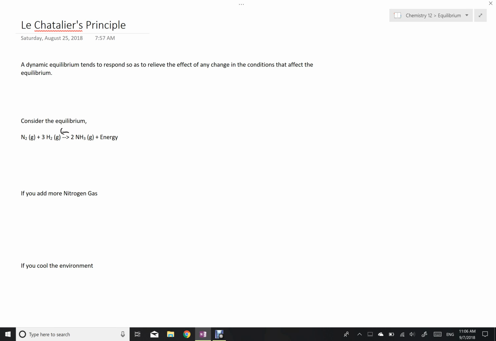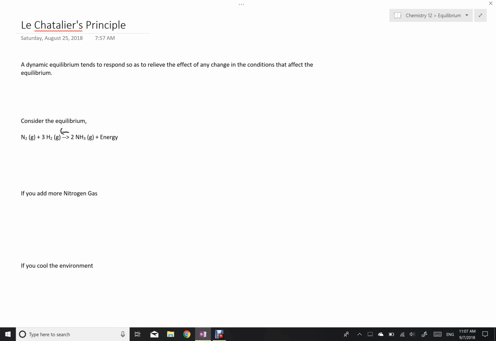So basically, if you change something, the equilibrium will respond in a way that tries to change it back. In this video, I'm just going to talk about what that means and give a couple examples. And then in subsequent videos, I'll explain why equilibriums in the different situations would tend to try to go back to their original state if you change them.